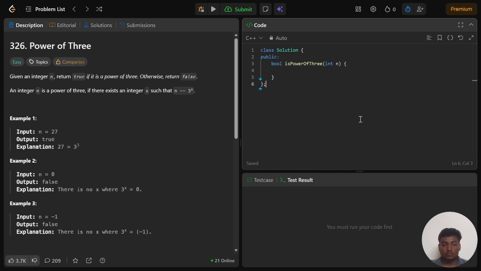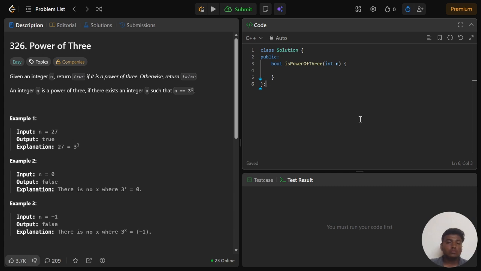If n equals 0, then there is no integer x such that 3 raised to x is equal to 0, so we can say that 0 is not a power of 3. Hope you understand this question. Let us move to the approach.